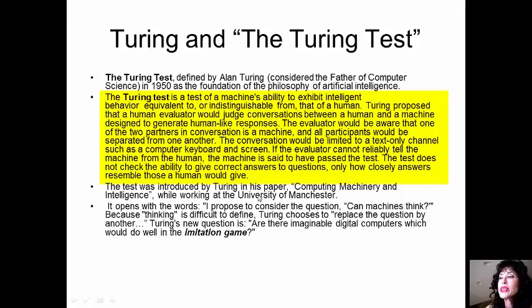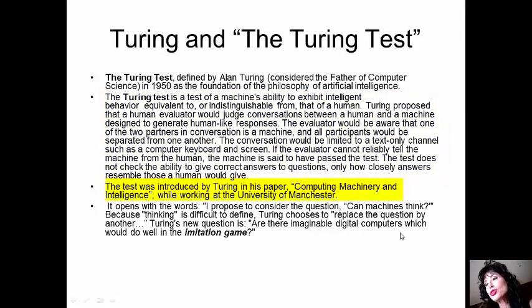If the evaluator cannot reliably tell the machine from the human, the machine is said to pass the test. The test does not check the ability to give correct answers to questions, though. It's just how closely the computer can mimic or resemble the answers a human would give.